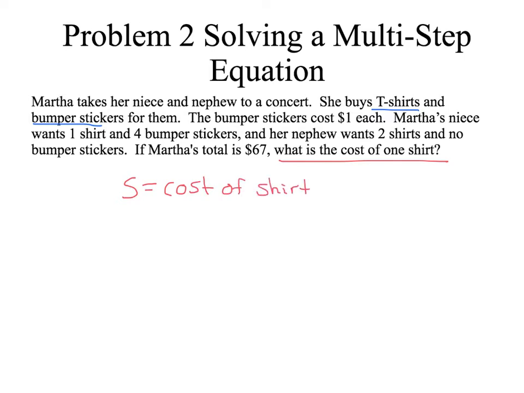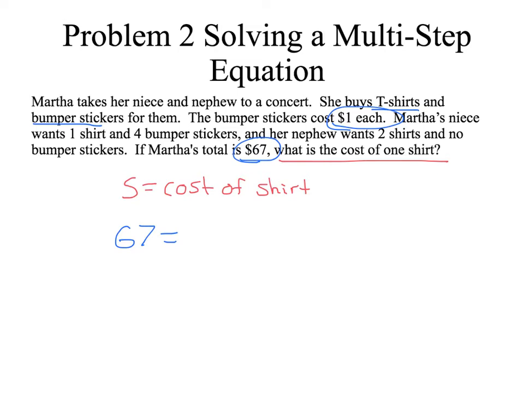And again, if we use that same kind of guideline, total equals how you got the total. Here's your total, $67. Now, how did we come up with that total? So let's go back to the beginning. She buys t-shirts and bumper stickers. So the bumper stickers cost $1. So you know how much the bumper stickers cost, but you don't know how much the t-shirts cost.